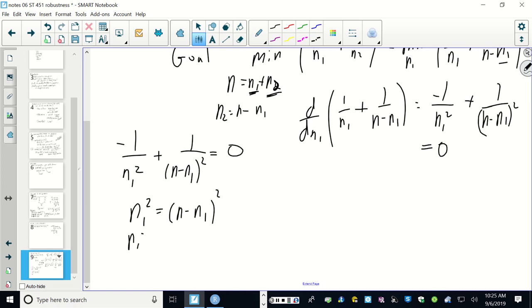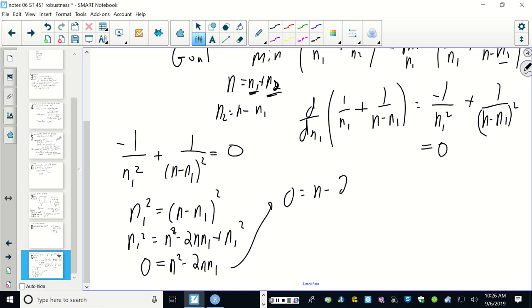If you take n1 squared equals n squared minus 2n n1 plus n1 squared, then the n1 squareds cancel and you get 0 equals n squared minus 2n n1. You pull out one of the n's, 0 equals n minus 2n1. And so n1 ends up being n over 2.